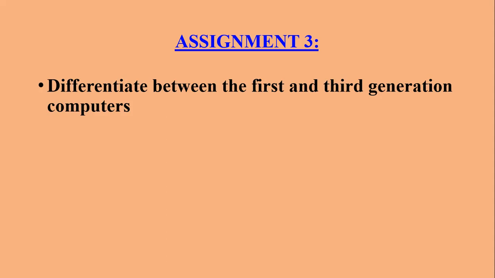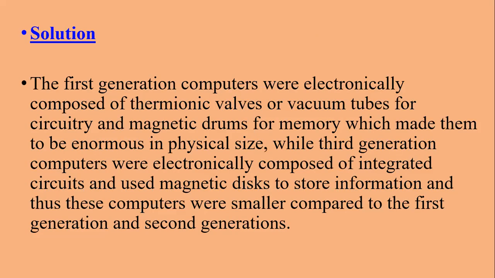The answer is the first generation computers were electronically composed of thermionic valves or vacuum tubes for circuitry and magnetic drums for memory, which made them enormous in physical size. While third generation computers were electronically composed of integrated circuits and used magnetic disks to store information, and thus these computers were smaller compared to the first generation and second generation computers.